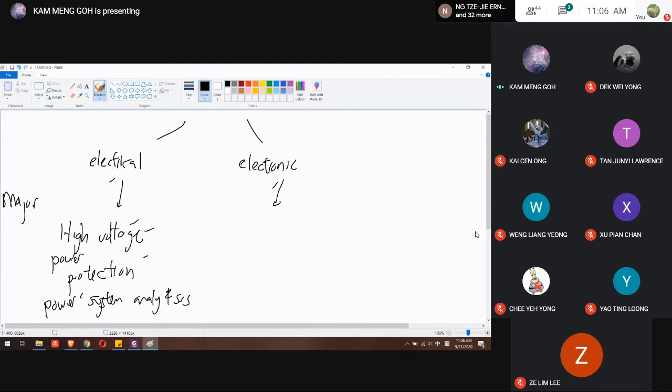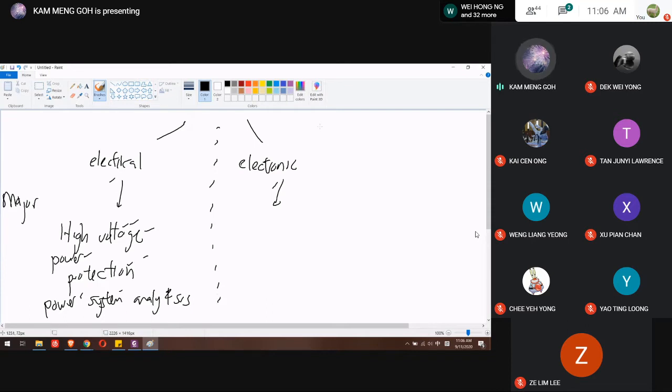How are you going to design the system to produce the high power? If you have high power, how are you going to protect it? If you have high voltage, how are you going to manage it? How are you going to design the system that brings less cost but more effectiveness? So this is all about the electrical.